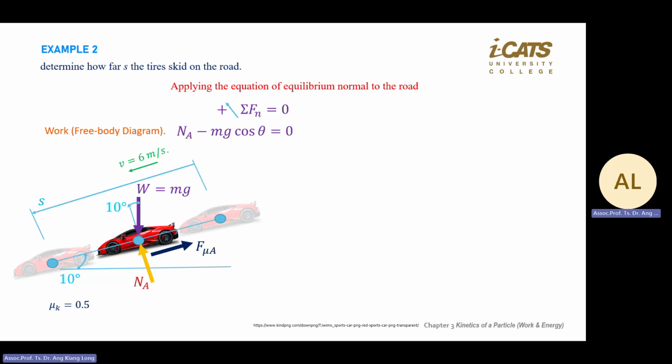Chapter 2, you don't need equilibrium. But chapter 3 onwards, you need to use the equation of equilibrium to balance the force. So in this case, NA goes up positive, W goes down. From here, you can find your NA. I do not substitute, I just give you the answer.